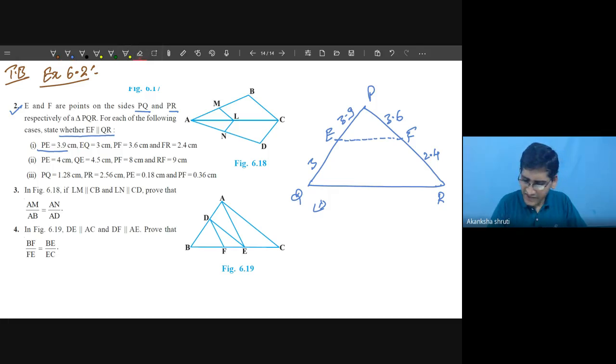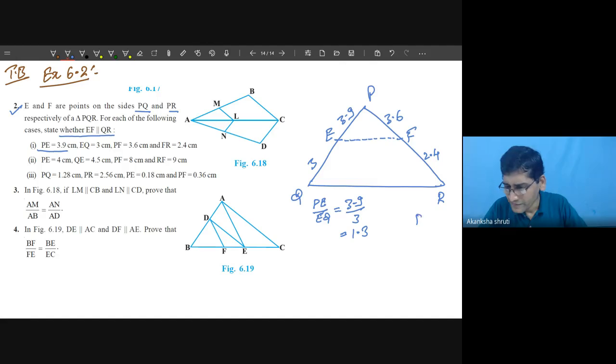Just take the ratios for the two sides. Take PE by EQ. This ratio I am going to take: 3.9 by 3. 3 ones are 3, 3 threes are 9, so 1.3. For the other side, write the ratio PF by FR.